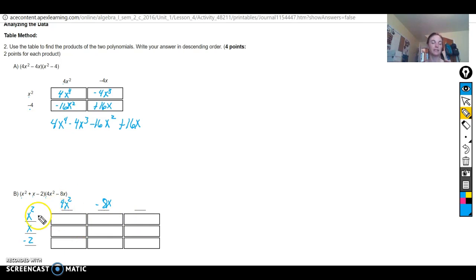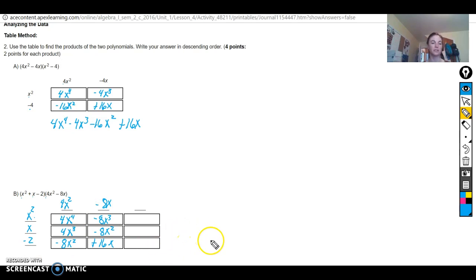All right, so when I multiply these two, I get 4x to the fourth. I get 4x cubed, and I get negative 8x squared. Okay, now multiply them all by negative 8x. I get negative 8x cubed, negative 8x squared, and positive 16x, because these terms are both negative.